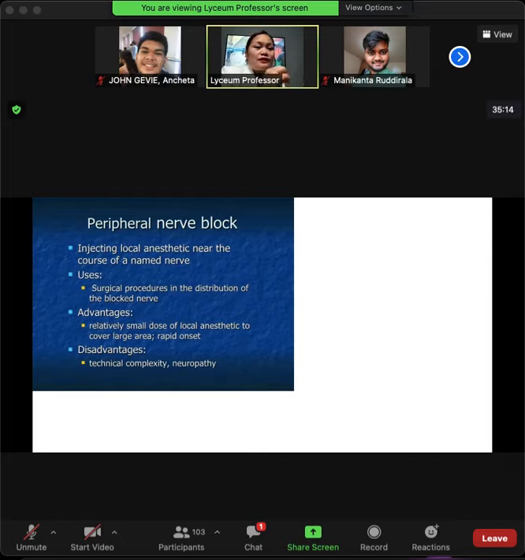The disadvantages: usually complex yung technique kasi nga you use ultrasound, and it may cause neuropathy. Even if you see the nerve when you do the ultrasound, sometimes you cannot control and cannot shy away from injuring the nerve.